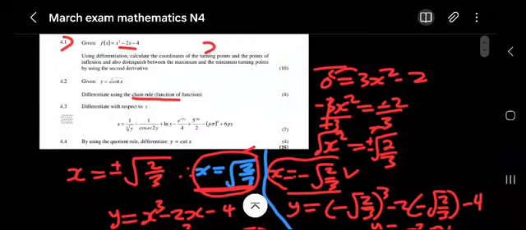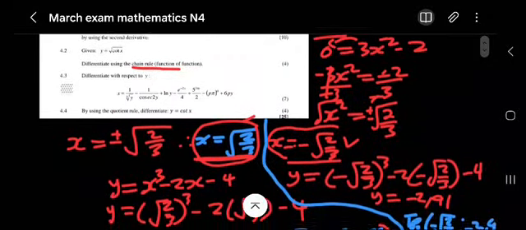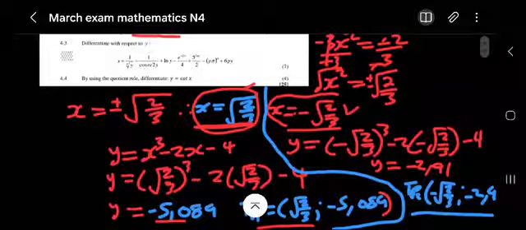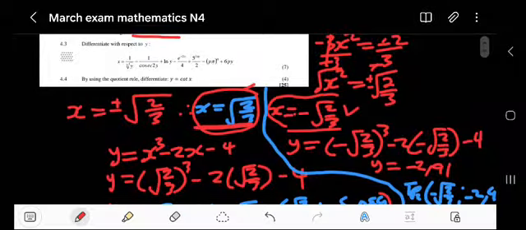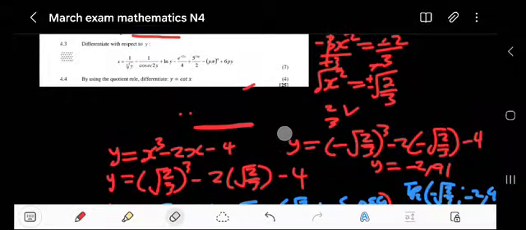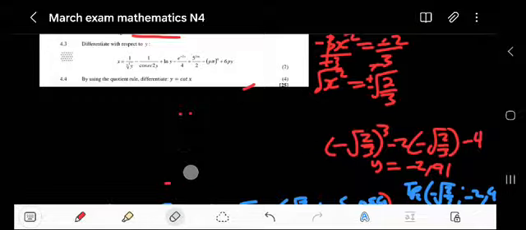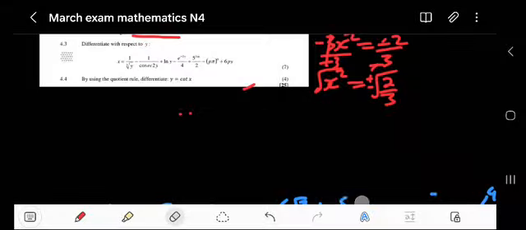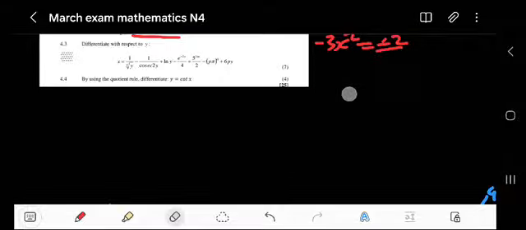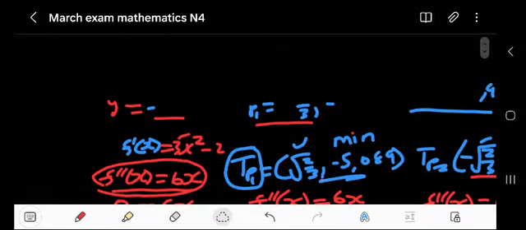So we have now 4.3. Question 4.3 says to differentiate x in terms of y.